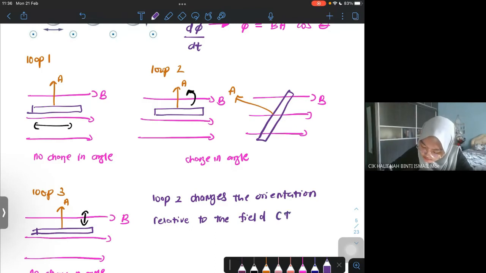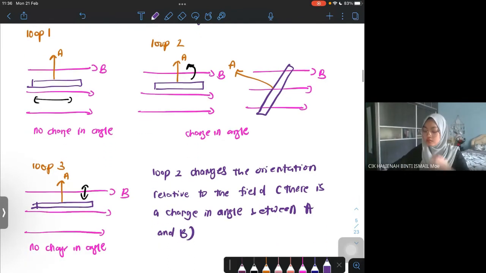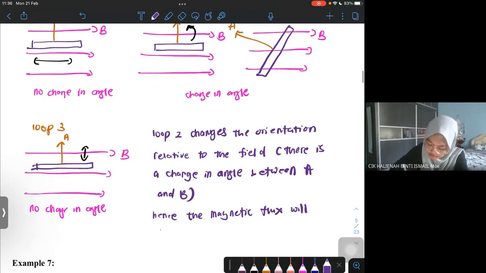Maksudnya, there is a change in angle between area and magnetic field. So hence, the magnetic flux will change with time.